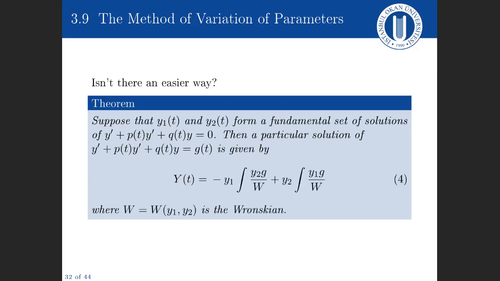We want the equation minus y1 integral of y2g divided by w plus y2 integral of y1g divided by w, where w is the Wronskian.